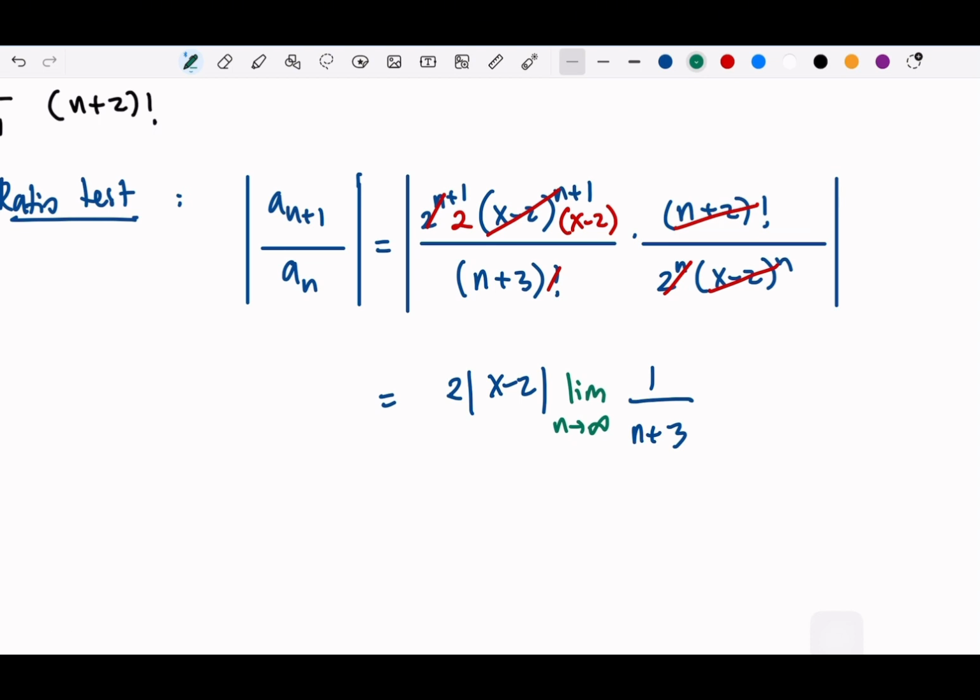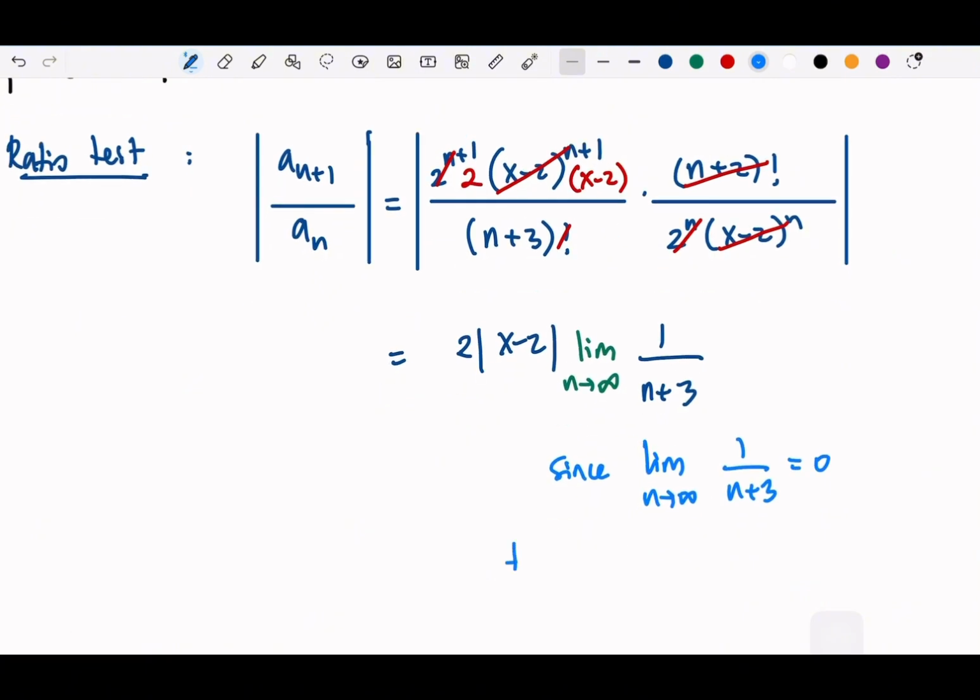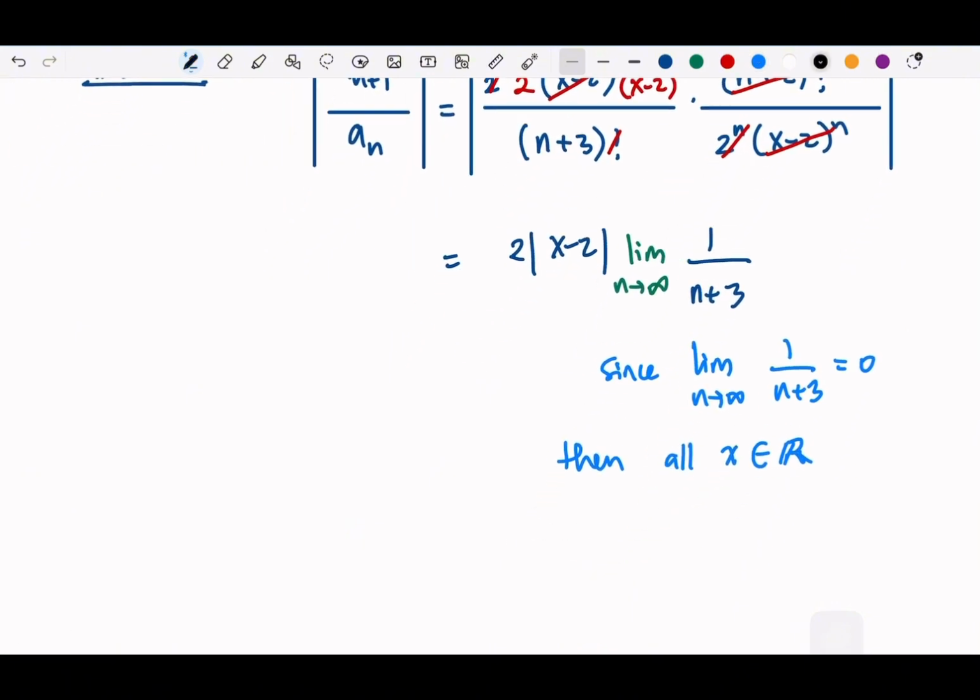So since the limit is equal to 0, then all x satisfy the equation, which means the radius R will be all x, and the interval will also be all x.